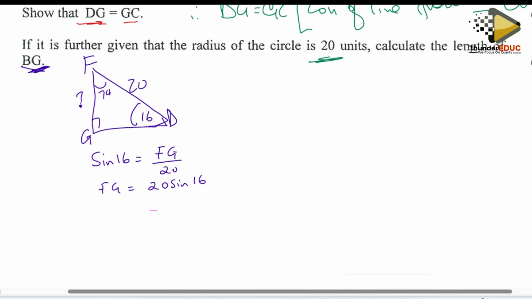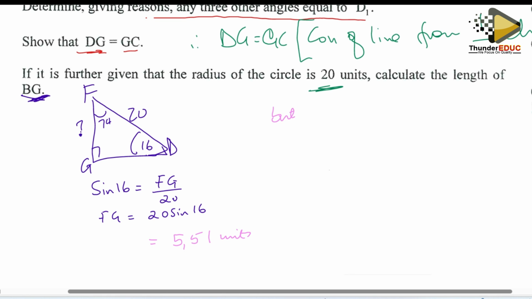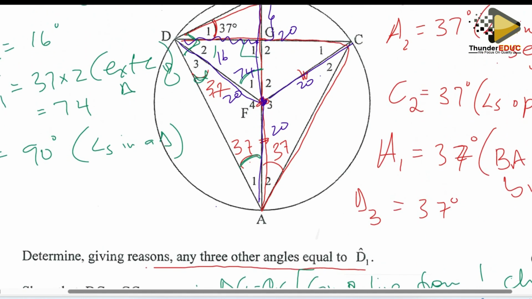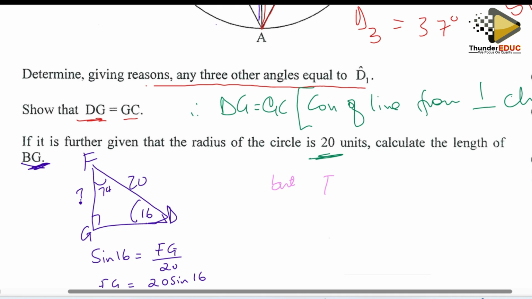Use your calculator. 20 sine of 16 is giving me 5.51 units. But we know that if the center is F, then the radius FB is 20.